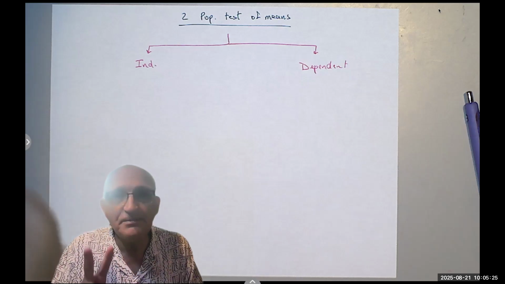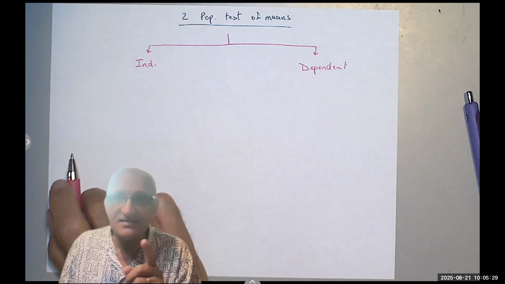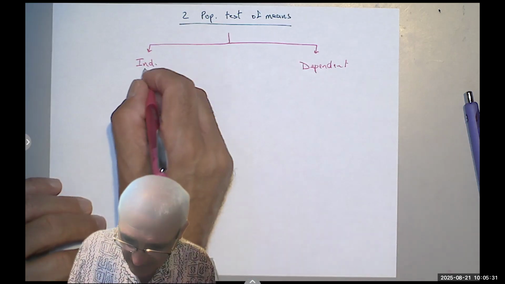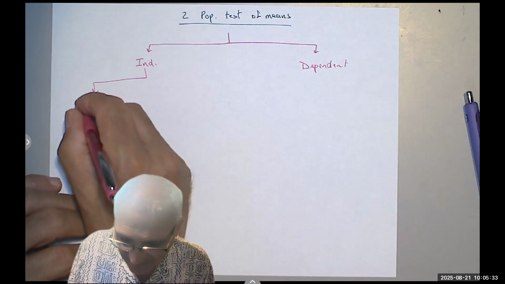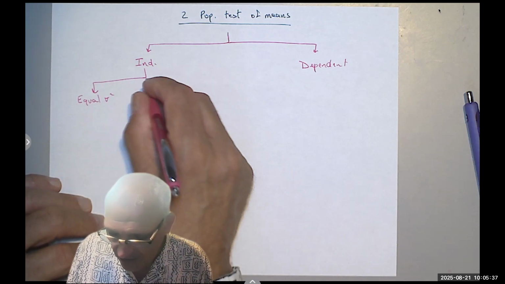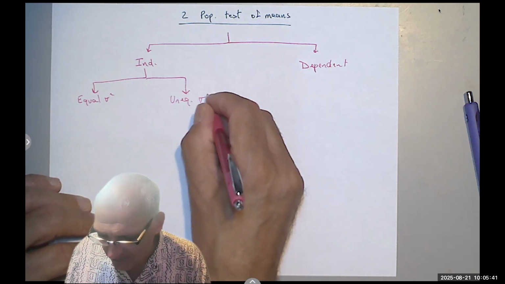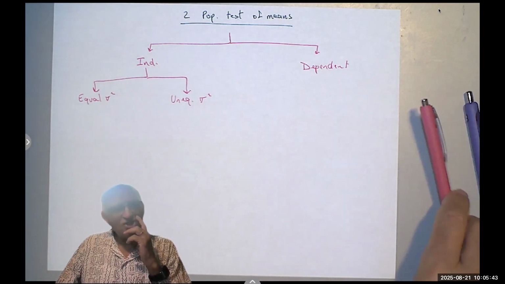When you have two independent populations, another thing that is very important statistically to figure out is whether they have equal variances or unequal variances. Hmm, how do you check that?